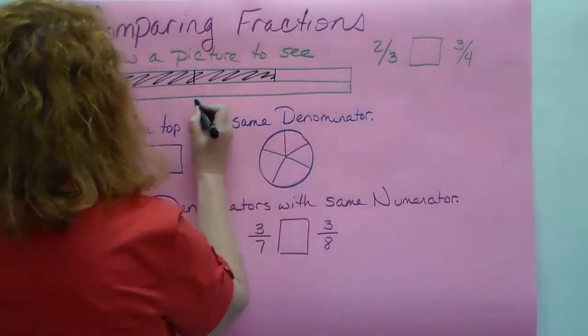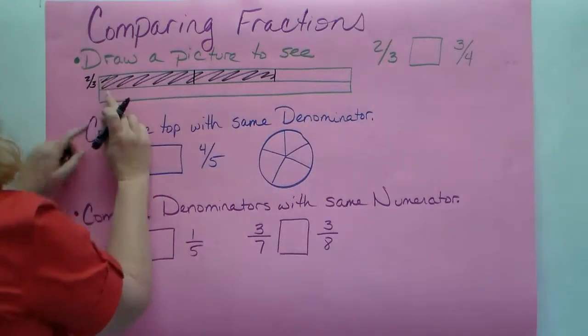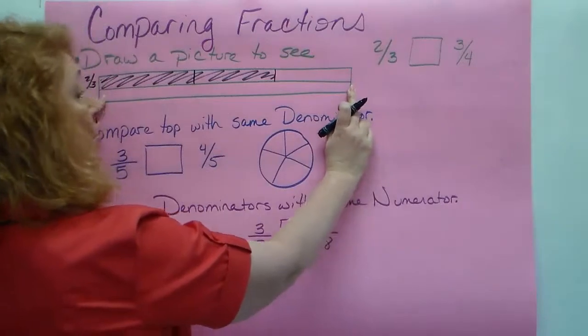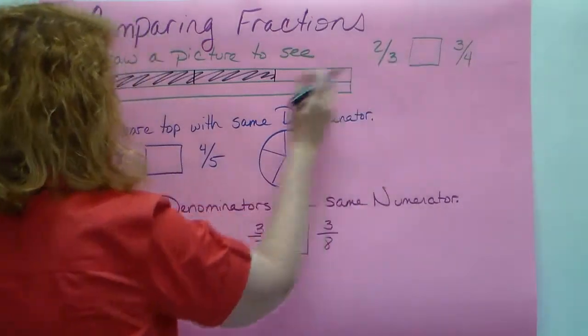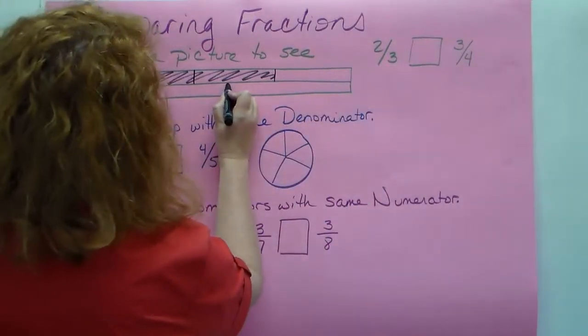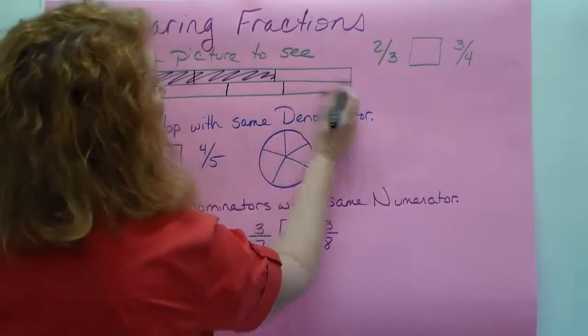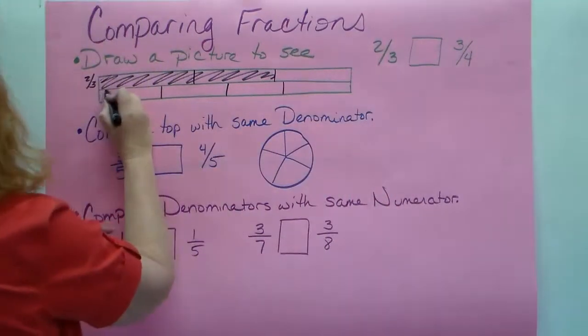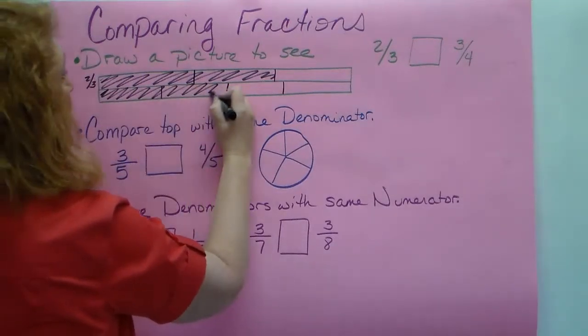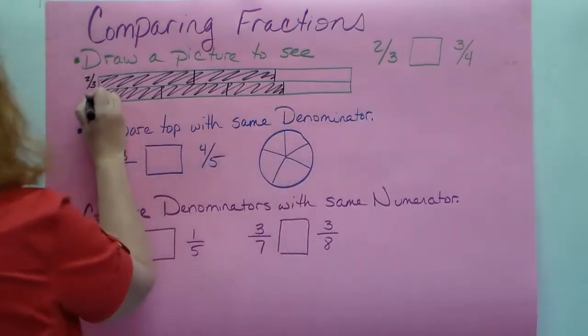This is 2/3. And then this bar, I am going to break into fourths. I'm going to break it into 4 pieces. So here's about half, and then about half of that, and about half of that. And I'm talking about 3 of them, so I'm going to shade in 3 of these 4 boxes.